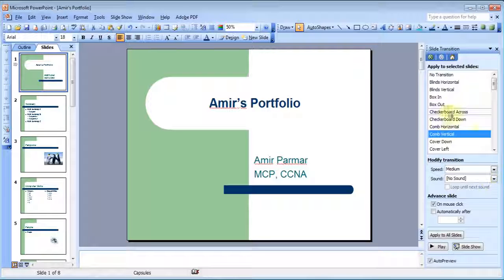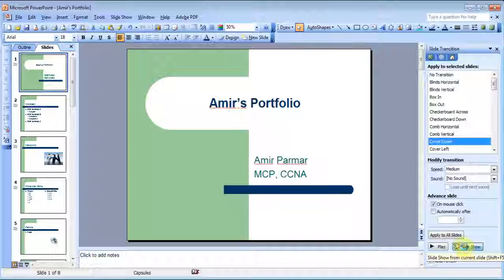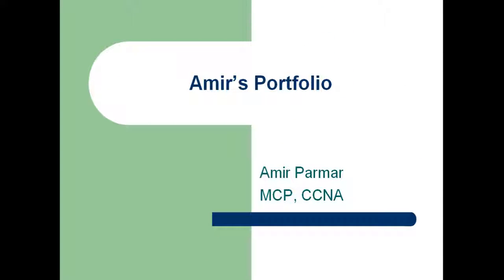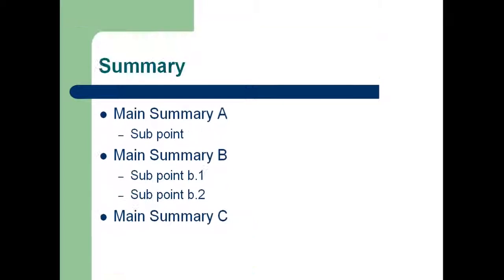And once you choose whatever slide you want, you can choose to apply to all the slides. So if I hit apply to all, it's always good to apply to all so that it's consistent. And I can go to slideshow, and now we see the slides are coming from the top. Okay.